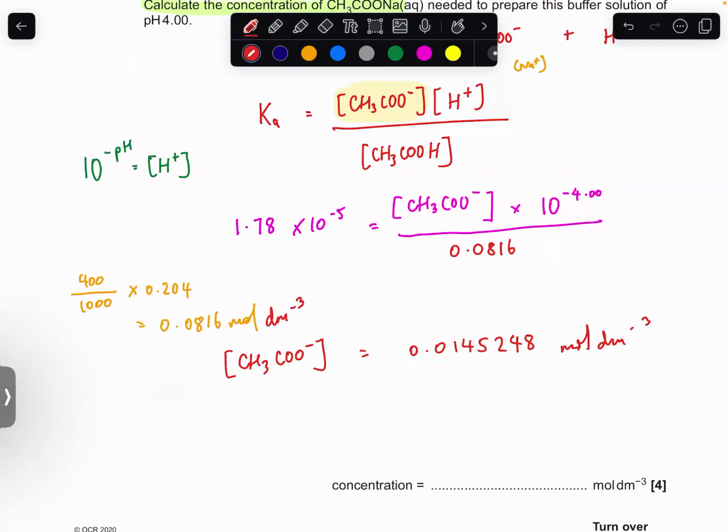Because the total volume is 1 decimeter cubed. Where did we get 1 decimeter cubed? 400 plus 600, that's the total volume. We want the original concentration. So this is the total moles. So we then get 0.014528 moles and divide that by the volume, which is 600 centimeters cubed. We just convert that to decimeters cubed.